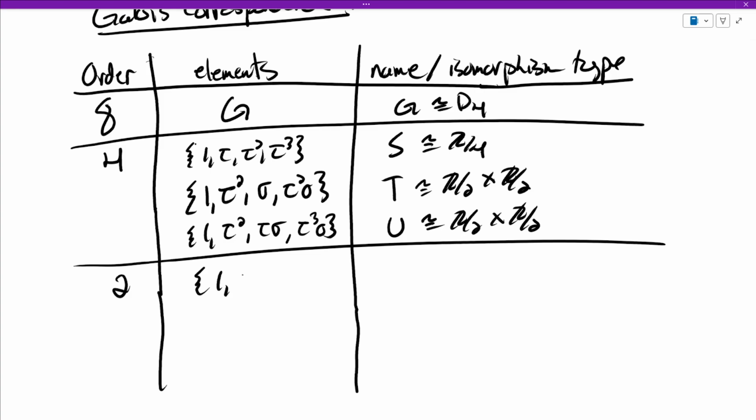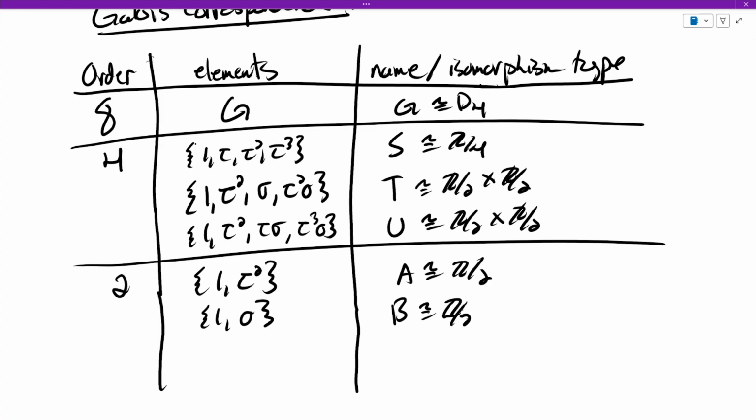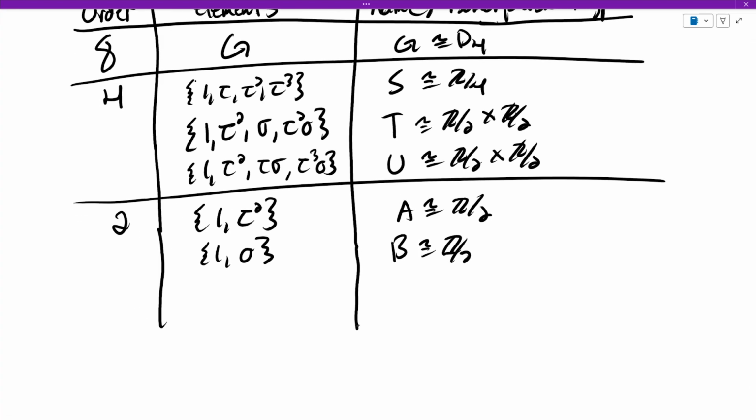Now we have order 2 subgroups. We have the guy that's rotation by 180 degrees. The book's calling that A. Of course, that's cyclic of order 2. All groups of order 2 are cyclic of order 2. We have reflection in the real axis that generates something of order 2, of course. What else?